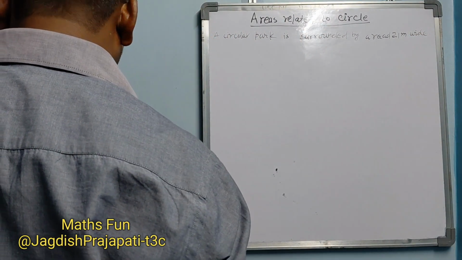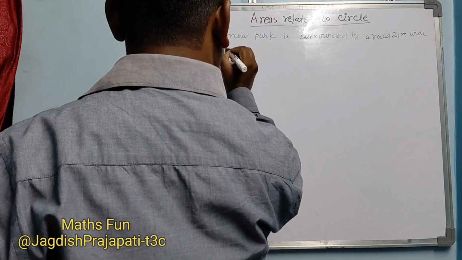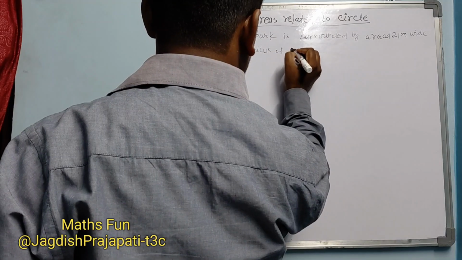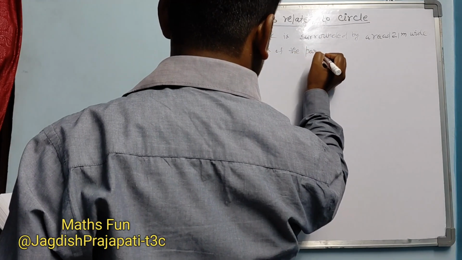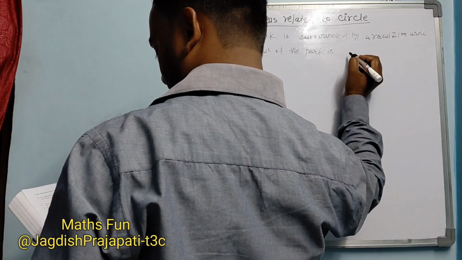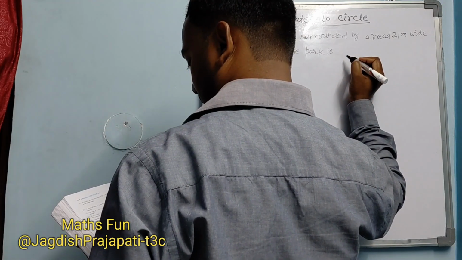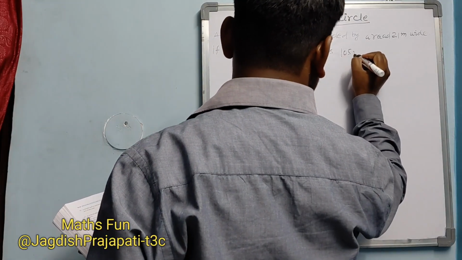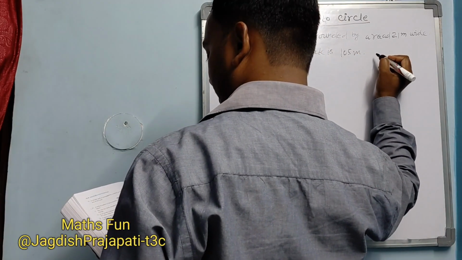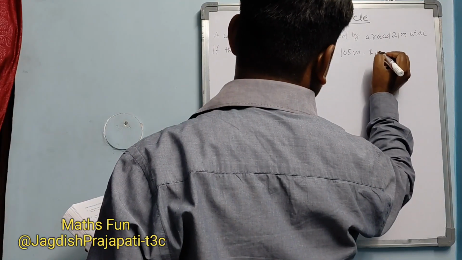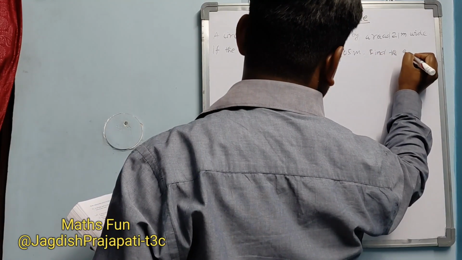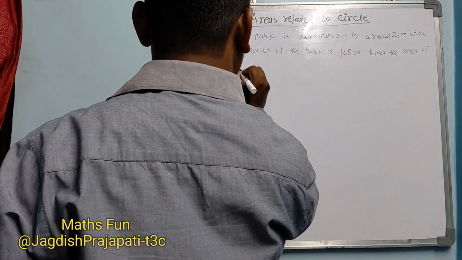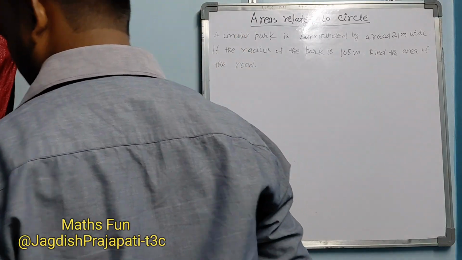If the radius of the park is 105 meters, find the area of the road.